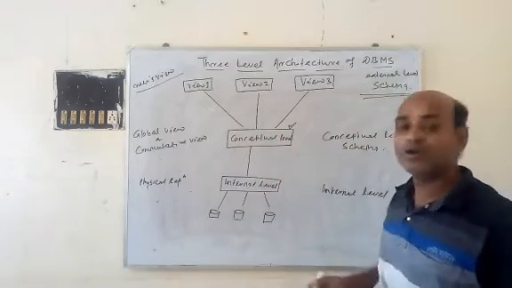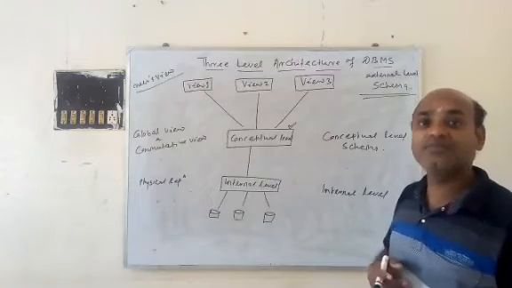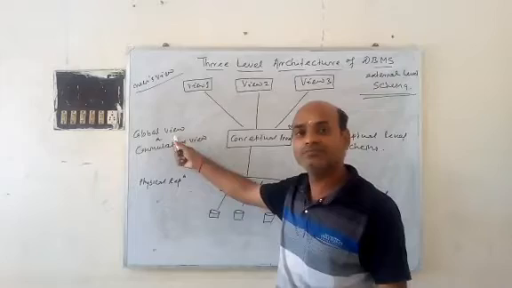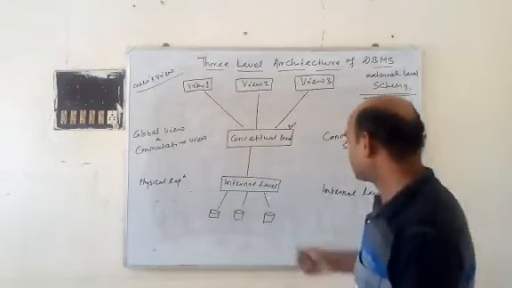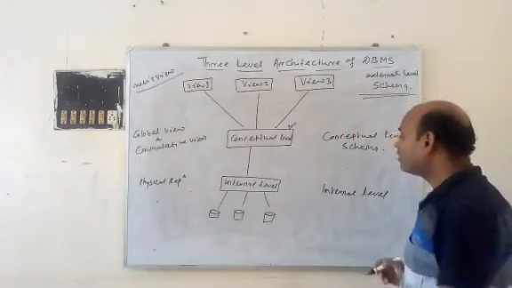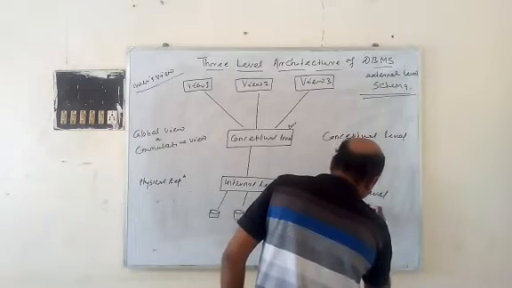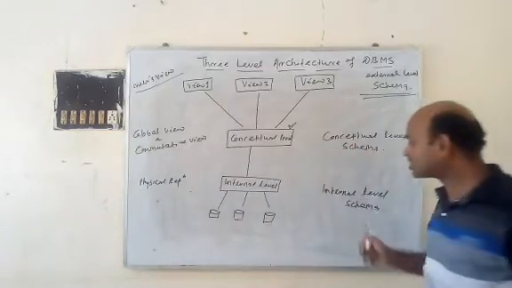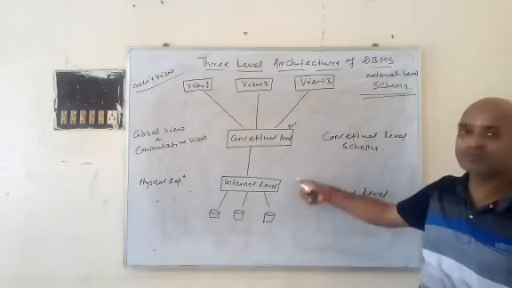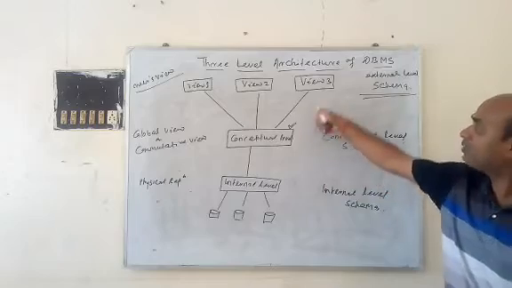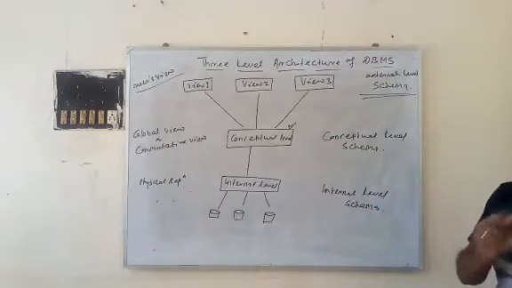At this level, the database administrator and different programmers are working. That is the global level. Then come to the internal level. The internal level is also described by the internal level schema. So schema works with three levels: external, conceptual, and internal. Each level is described by its corresponding schema.